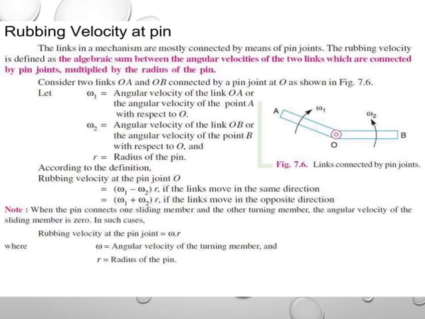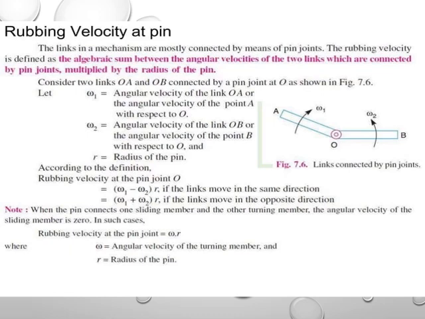Next, rubbing velocity. The links in a mechanism are mostly connected by means of pin joints. The rubbing velocity is defined as the algebraic sum of the angular velocities of two links which are connected by a pin joint, multiplied by the radius of the pin.